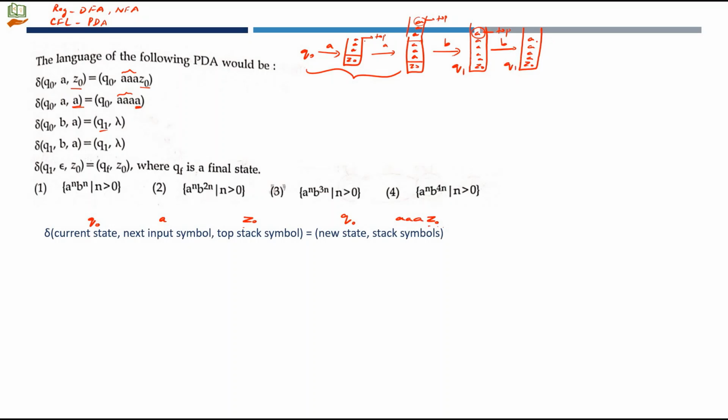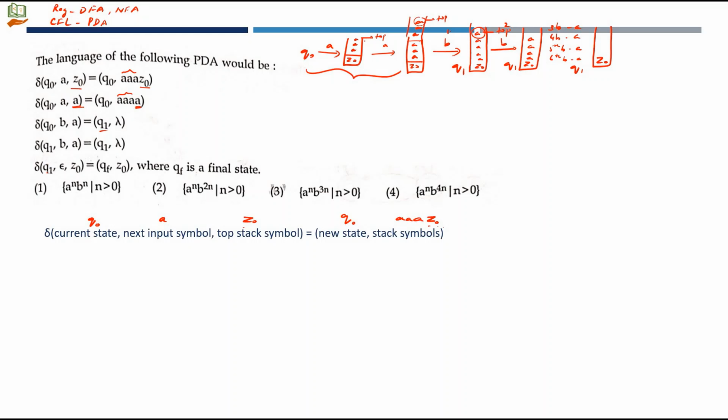So if we take 4 more B's, this is 1 B, this is the second B. For the third B, 1 A will be popped out. For the fourth B, 1 A will be popped out. For the fifth B, 1 A will be popped out. And for the sixth B, the final A will be popped out. After 6 B's, the stack configuration will be again with Z0 and the state will be Q1.